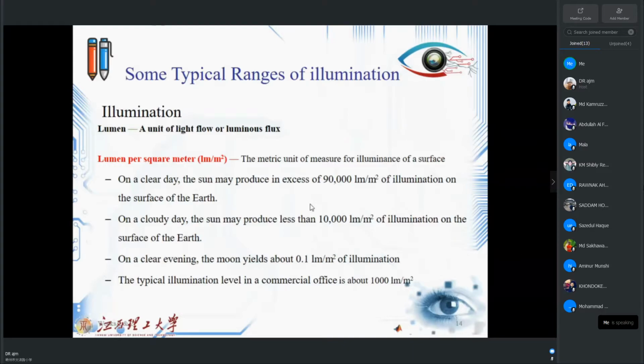On one clear day, the sun may produce about 90,000 Lm per square meter of illumination on the surface of Earth. On a cloudy day, it is 10,000 of this value. On some clear evening, the moon will yield 0.1 Lm per square meter. And a typical illumination level in commercial offices is about 1,000 Lm divided by m².